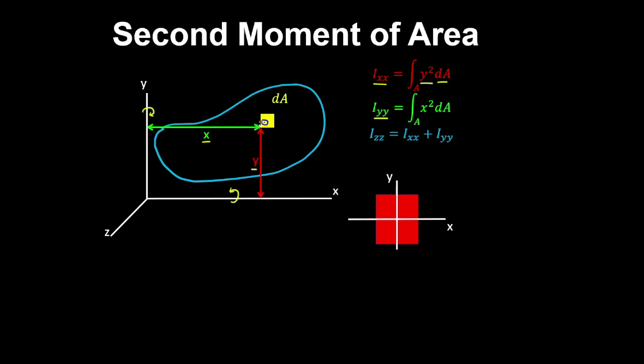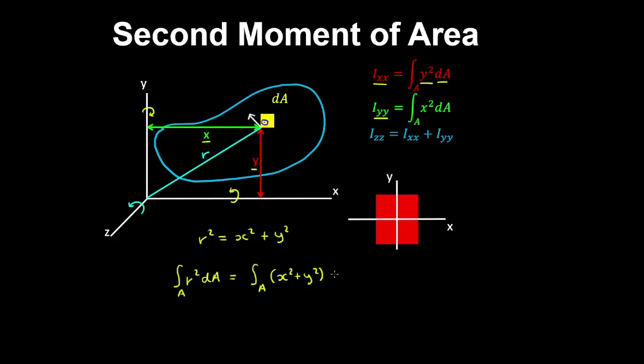Now if a stress was applied in the xy plane, such as a shear stress, well, this can cause rotations about the z-axis. So if we consider this distance as r, then by Pythagoras' theorem, we have r squared is x squared plus y squared. And if we integrate this over the area of the section, then we obtain the following expression on the right hand side, which is x squared plus y squared integrated over the area.